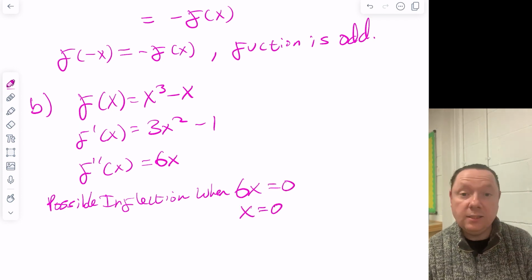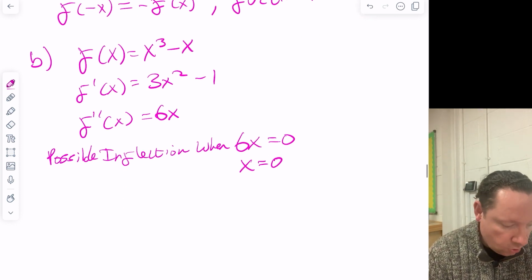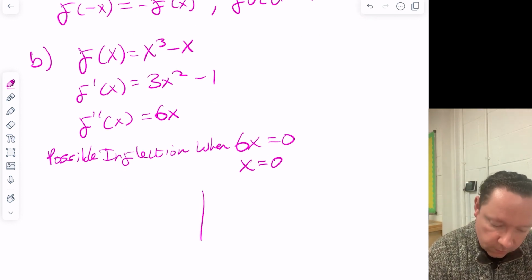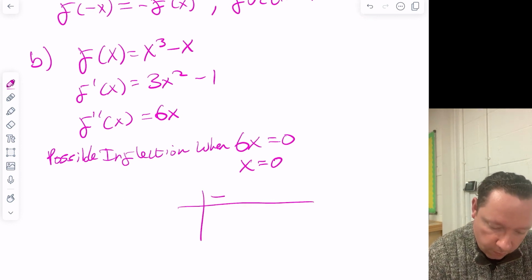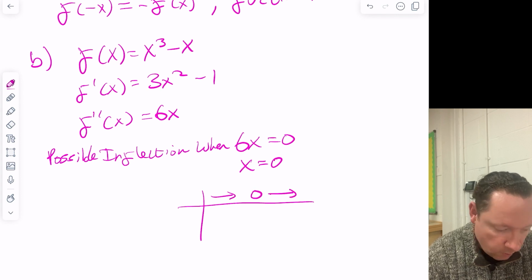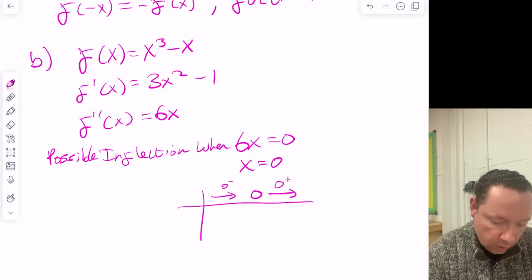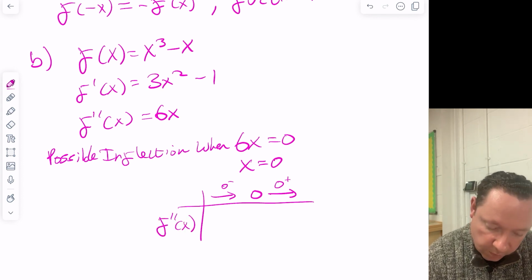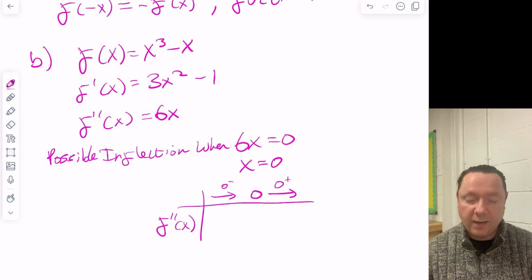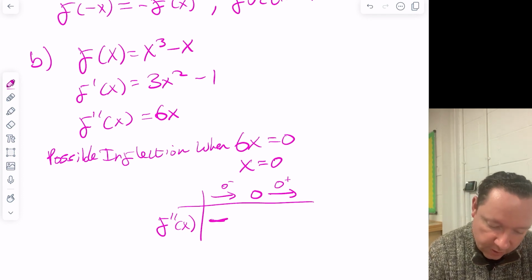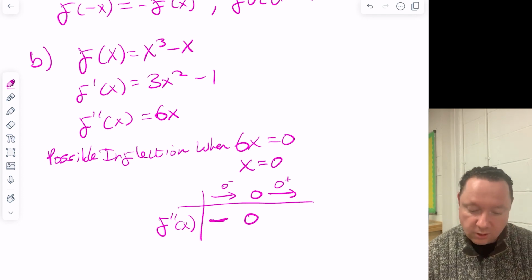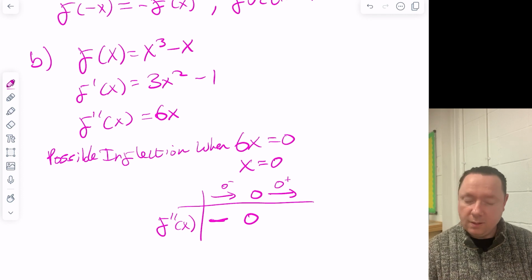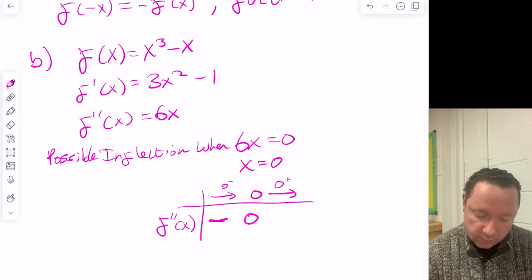And then we can just examine whether there is a change in concavity or not by drawing a little table for ourselves. So we're going to go along either side of 0, looking at the second derivative here. Just before, when x is minus, well, 6 times a minus number is a minus number, so that's negative. That's 0. And just after 0, a tiny little bit, it becomes positive, 6 times positive is positive.